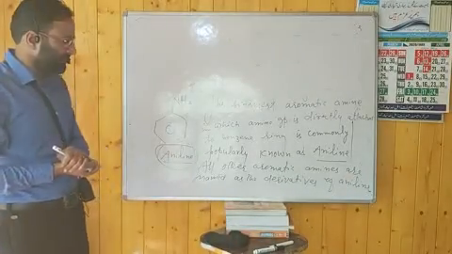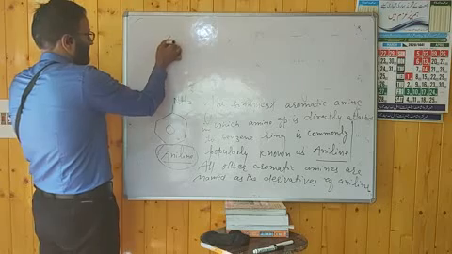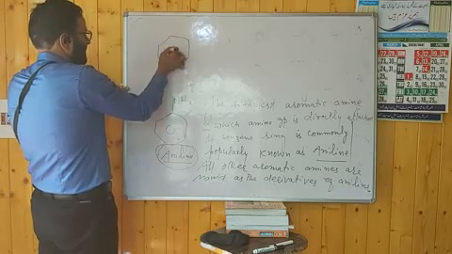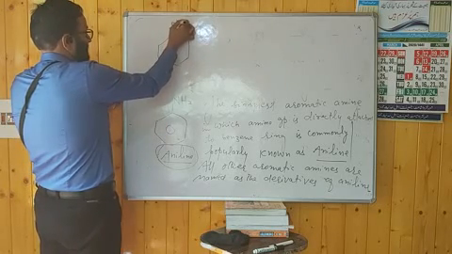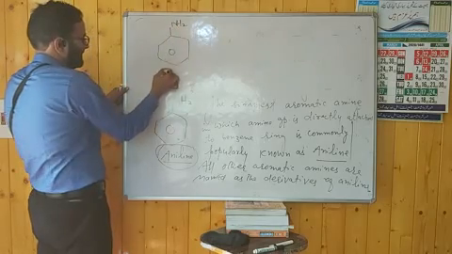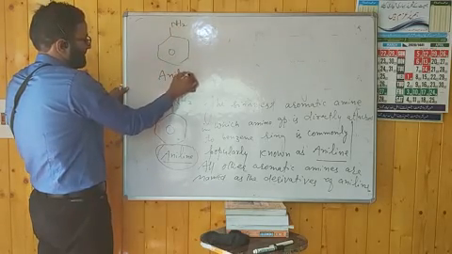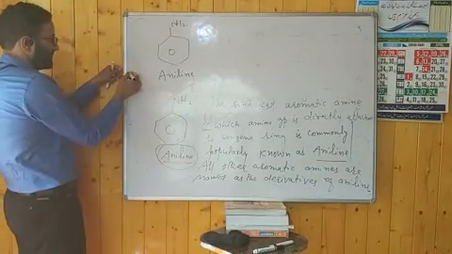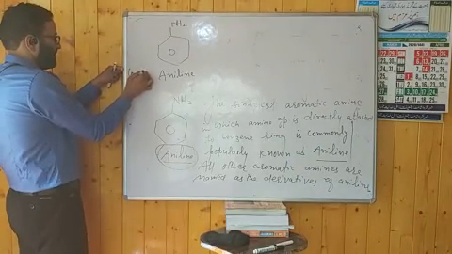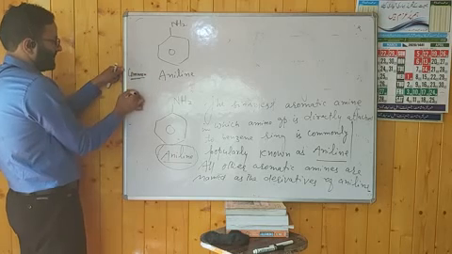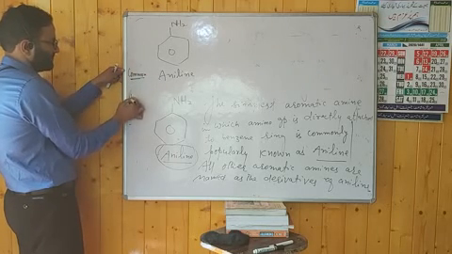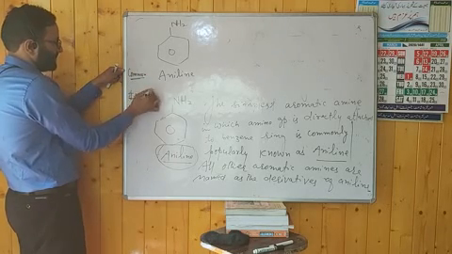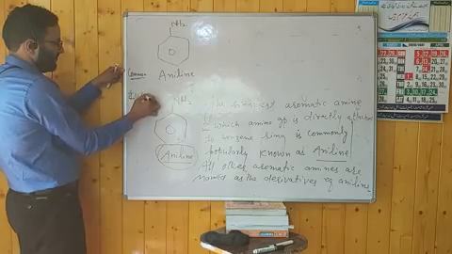Remember this point. We will take some examples. For example, you have this one. You can say it is aniline. It will be its common name, and it is also accepted as its IUPAC name.